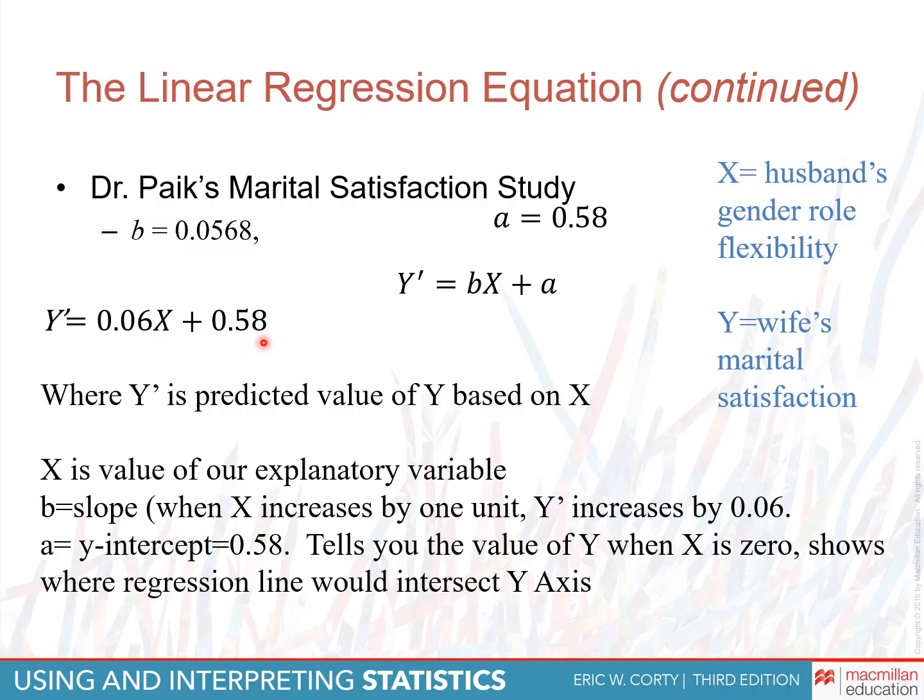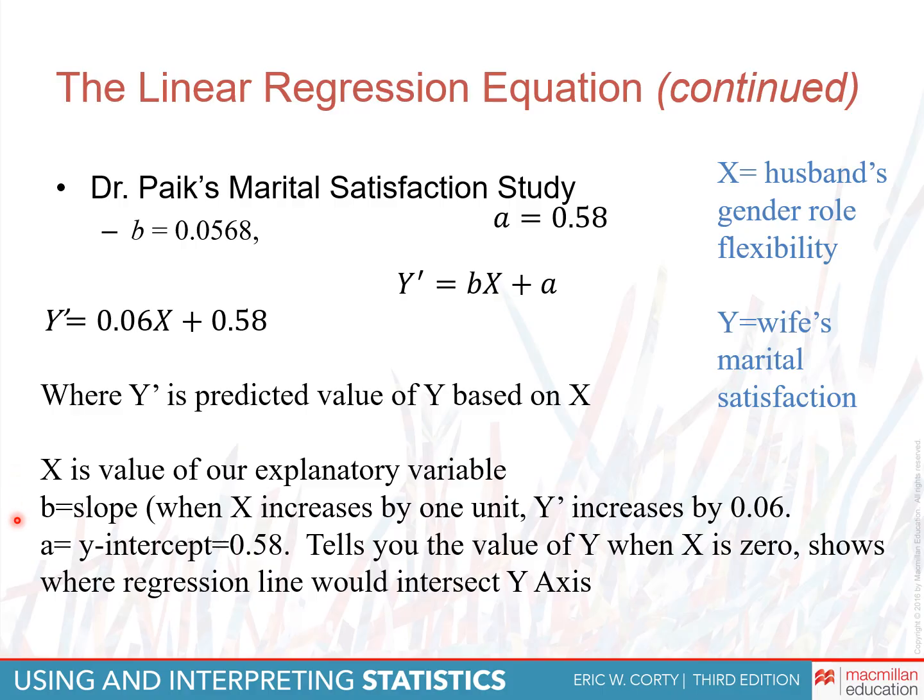And again, to review what all of this means, y prime is always our predicted value of y if we know what x is. X is our explanatory variable. So in this case, y was our marital satisfaction for the wives. X is the husband's gender role flexibility. B is our slope.